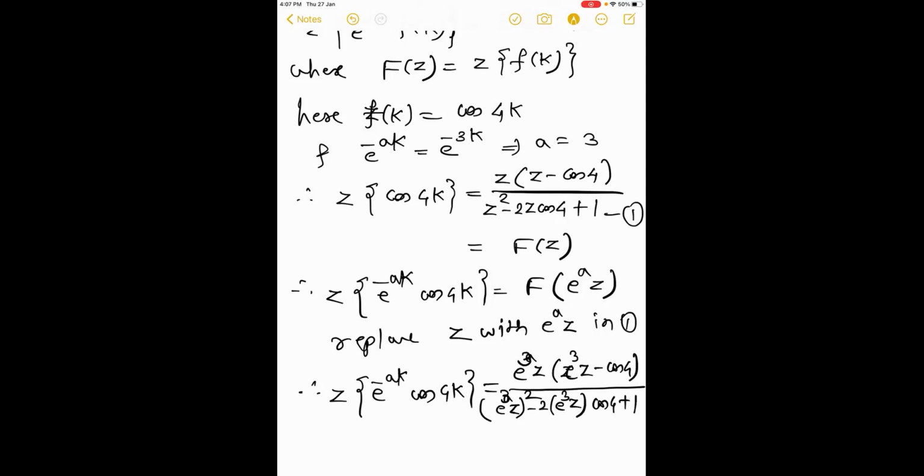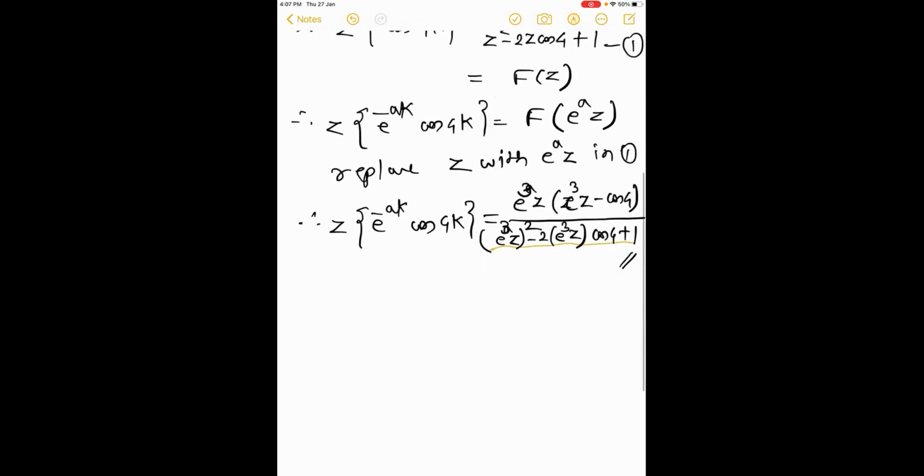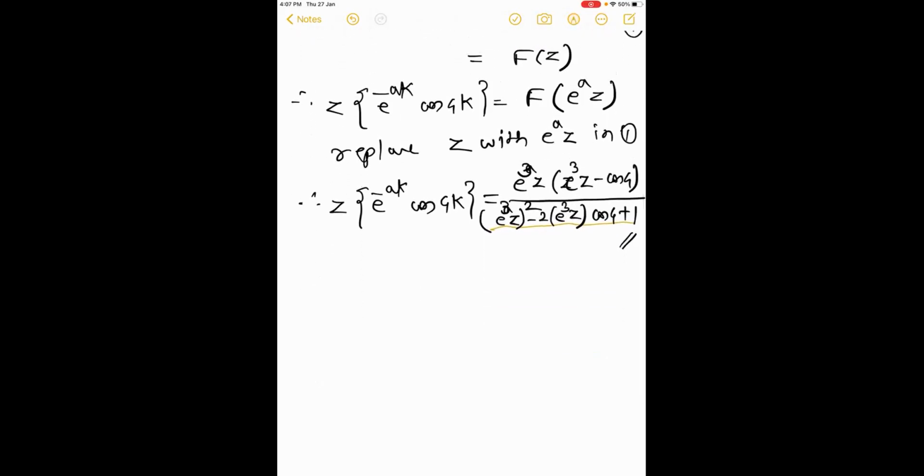That is the transformed answer. Are you following? Yes, sir. Good. This is how we use the e raised to minus ak form of the property.